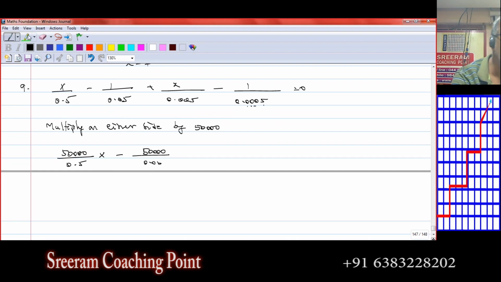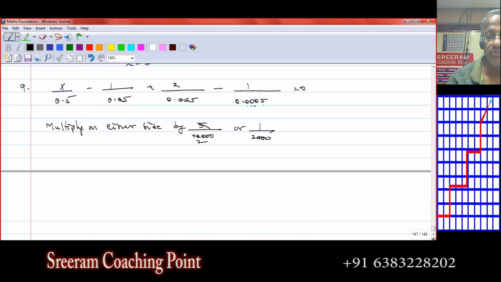I'm sorry, I would like to do it this way. Multiply on either side by 5 divided by 10,000, or in fact, it is 1 divided by 2,000 on either side.